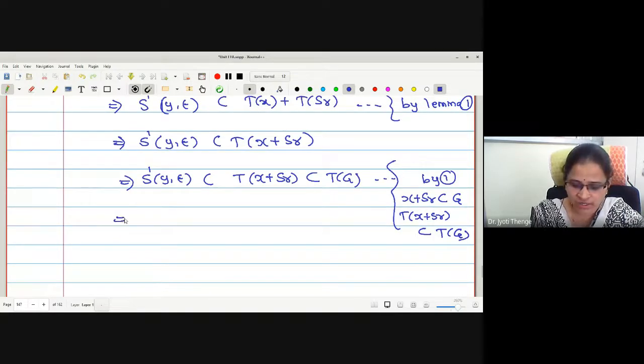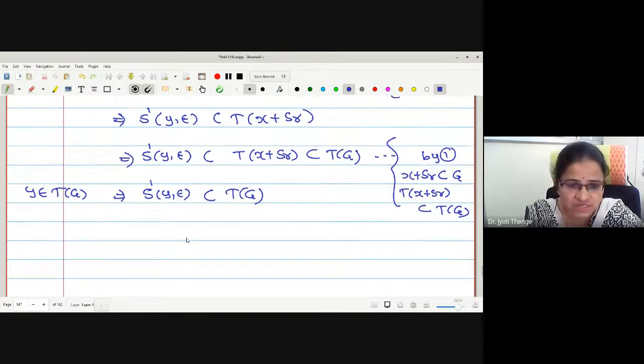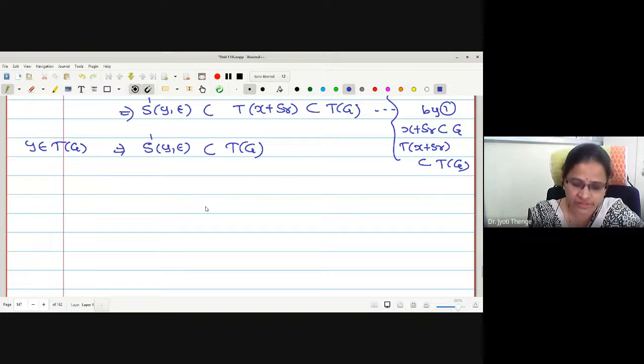We have found an open sphere centered at Y with some radius epsilon contained in T of G. Therefore, we started with Y an element of T of G, and we have shown that an open sphere centered at Y is contained in T of G. Therefore, may I say this Y is an interior point?